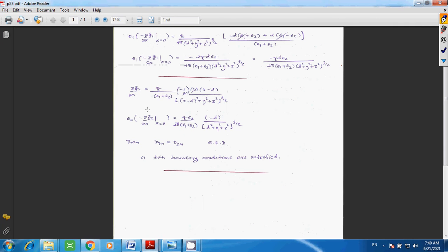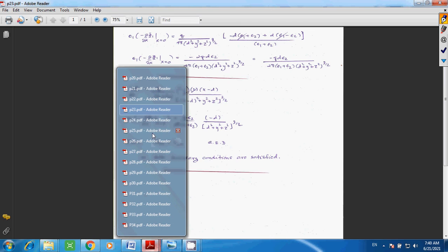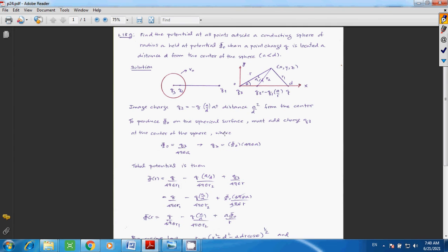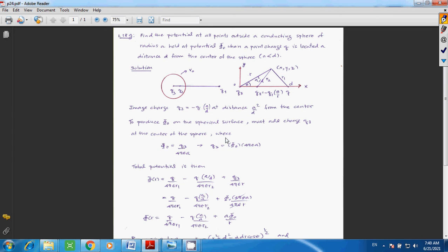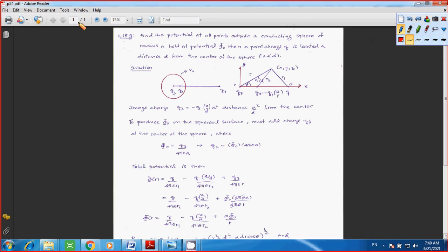Next, here's problem 1.18g. Find the potential at all points outside the conducting sphere of radius a.